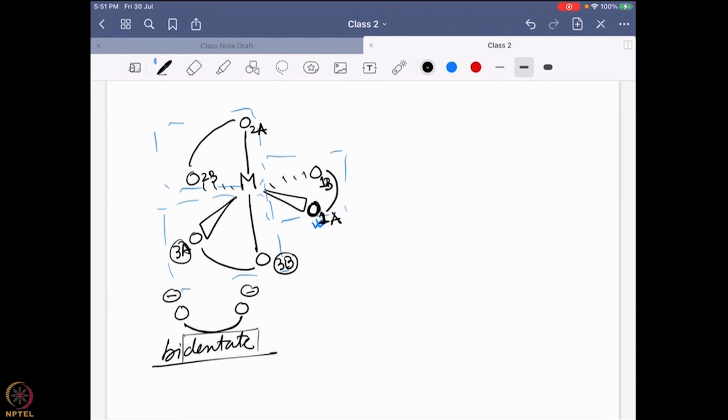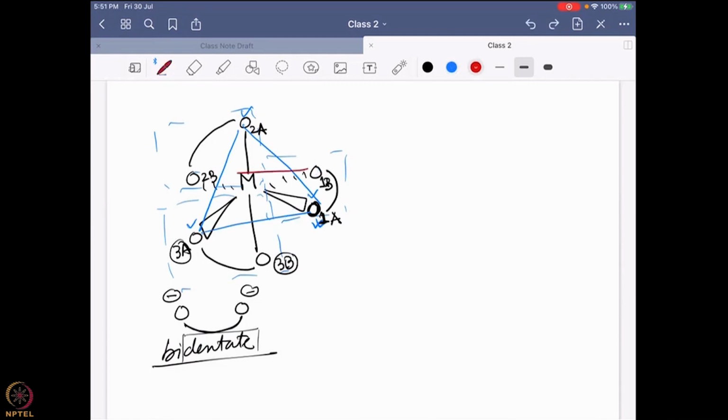Now connect all of them which are above the plane of the paper. So this one, and this one. And connect those which are on the back side of the paper. Let me put a different color to differentiate it.